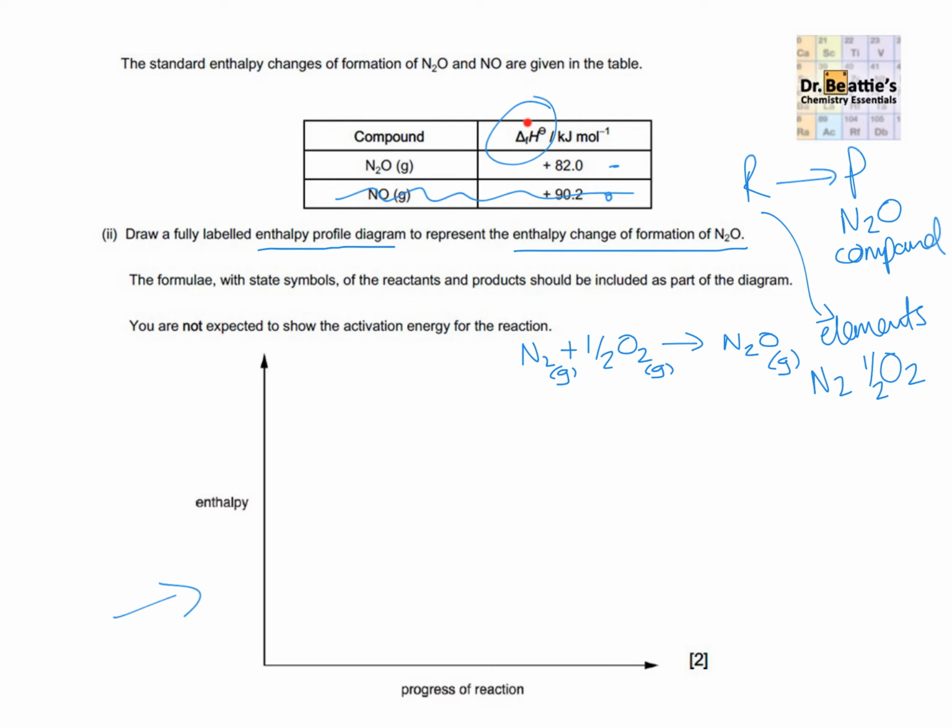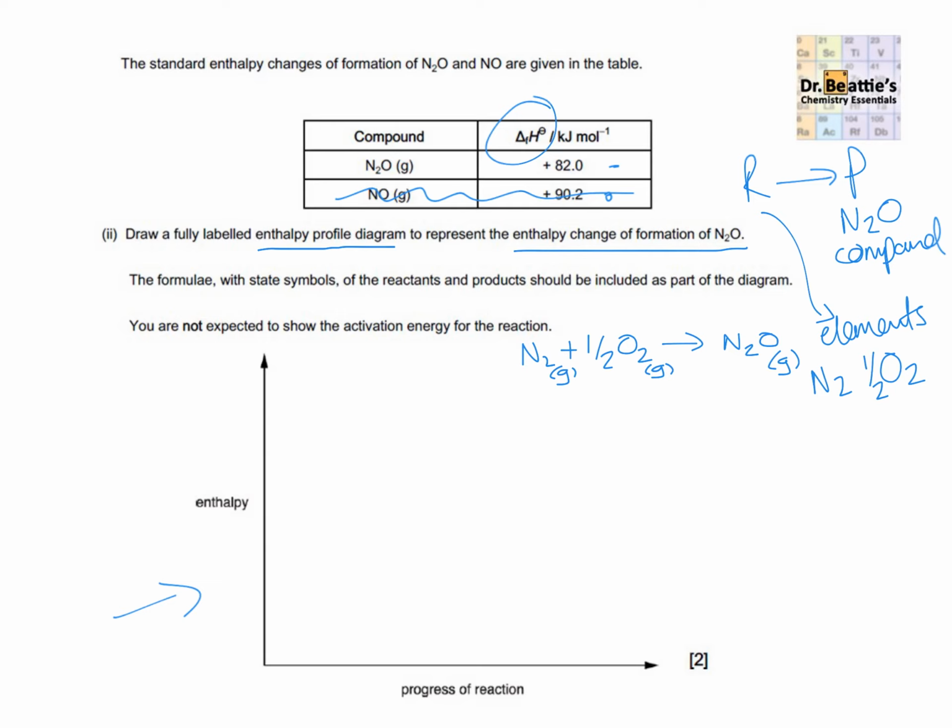Now we know from our delta FH data that it's plus 82, so we know that going from the reactants to the products it is an endothermic process. And we show this on these energy diagrams by showing an increase on the y-axis, so an upward arrow.